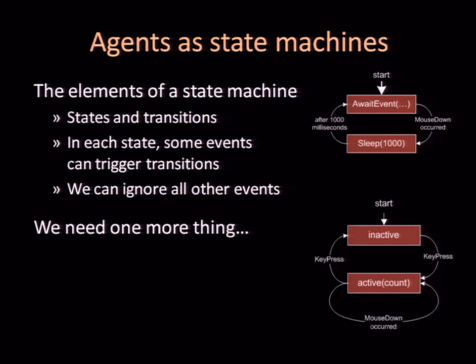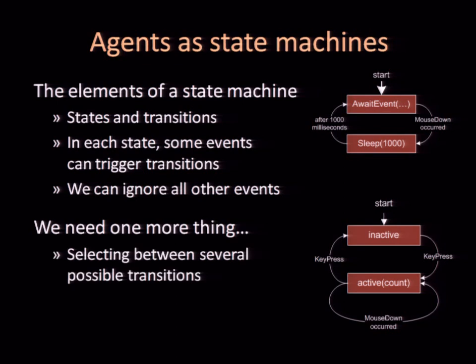But we need one more thing, which is the ability to select between 2 or more transitions. So here, that's an extended version of the sample that also lets you press a key to enable or disable the counter. And from the active state, we can either wait for a key press to switch to the inactive state, or we can wait for mouse down to increment the counter.